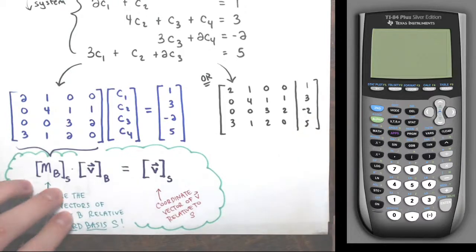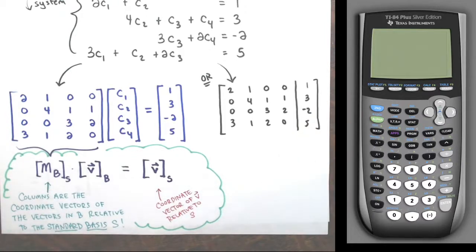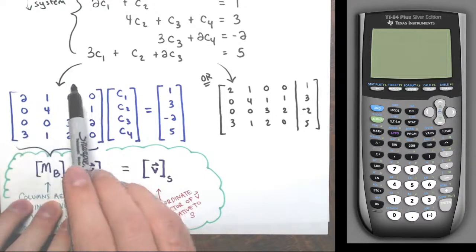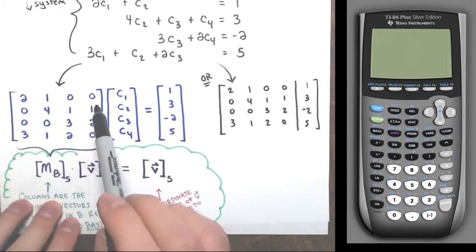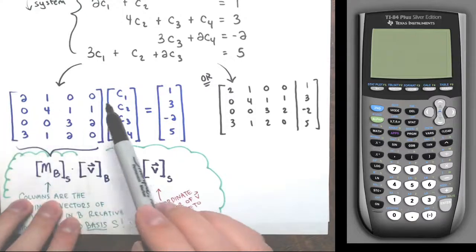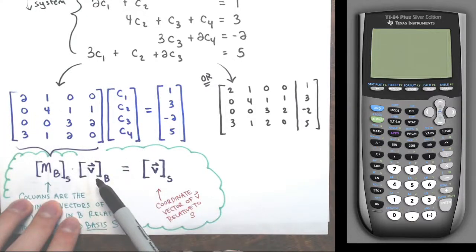However you want to solve this is fine. You could go to this kind of equation. This is a 4 by 4 matrix. It should have an inverse, so I could find the inverse of this 4 by 4 matrix and then multiply both sides on the left, and that would give me my coordinate vector with respect to basis B.